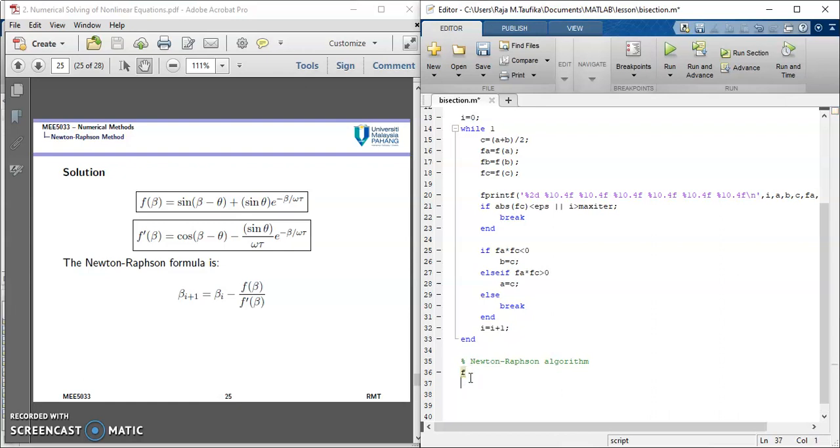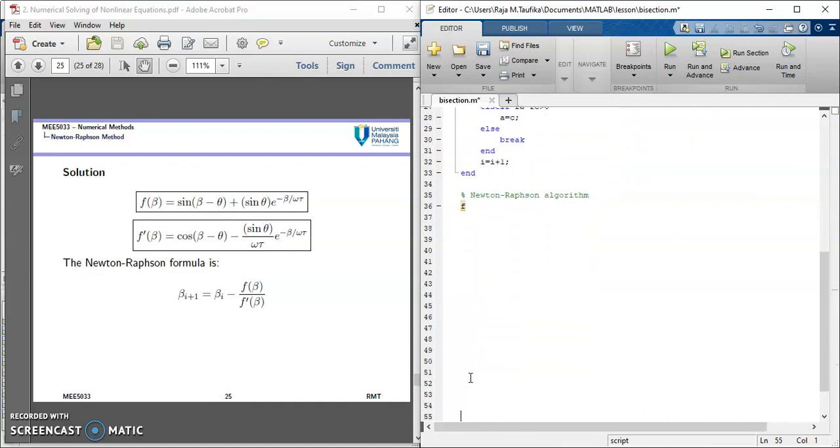Maybe I can enter this a little bit, make it a little bit at the top. So let's write f prime. We can use the function handle to describe the function f prime.